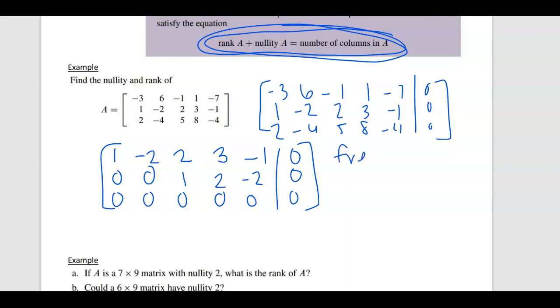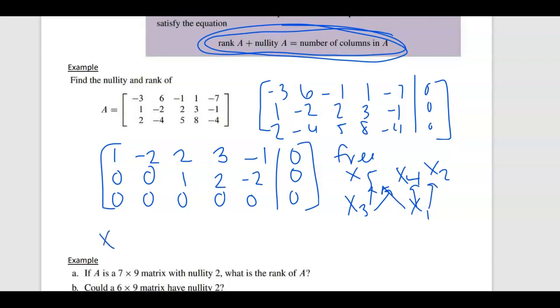So we are going to let x5, x4, and x2 be free. When I do that, x3 is going to then be dependent on x4 and x5. And x1 is going to end up being dependent on all three.